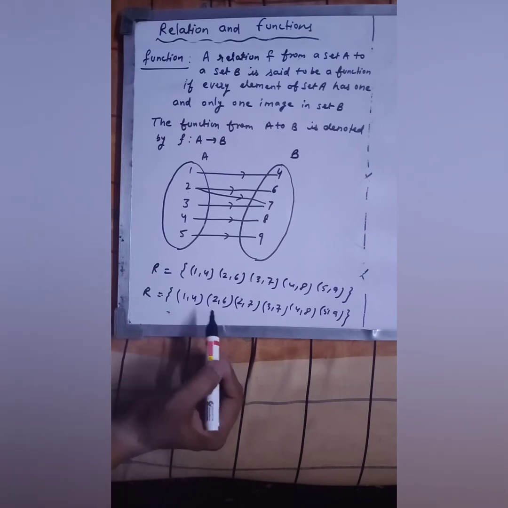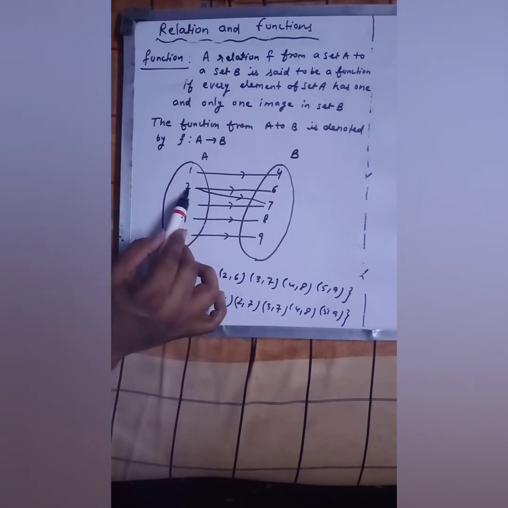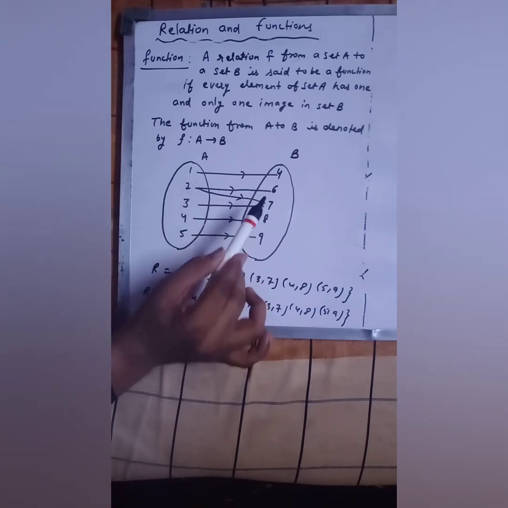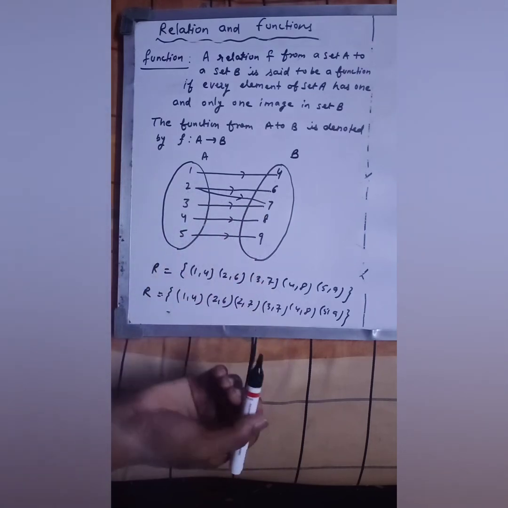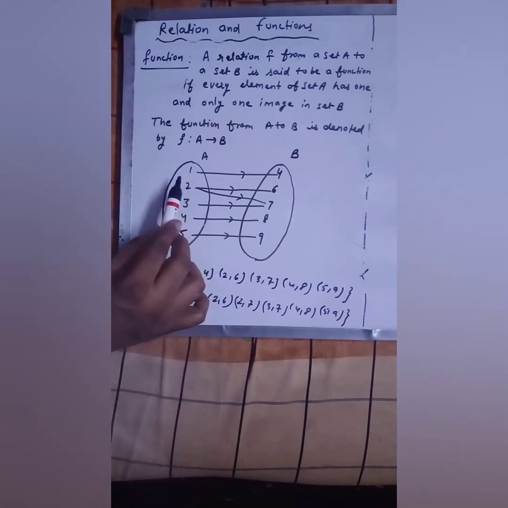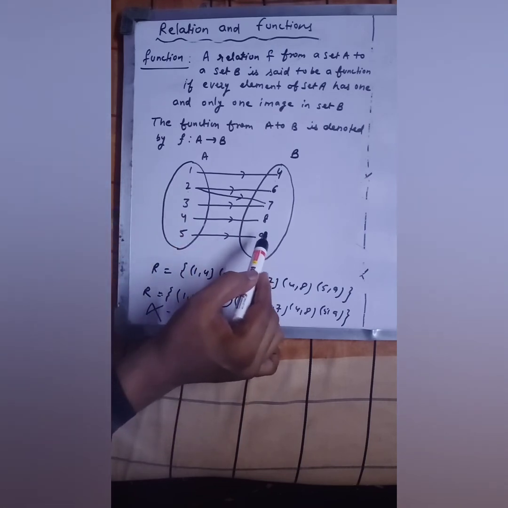So here we have 2 images of the same element of set A. The 2 has 2 images in set B, that is 6 and 7. If this occurs, this is not a function. So every element of A must have only one image in set B, then we can say that it is a function. Got it?